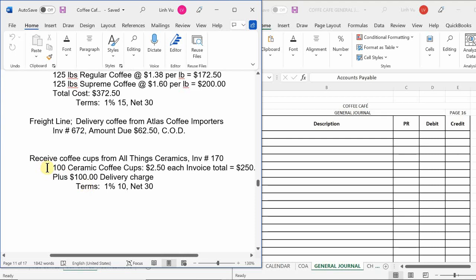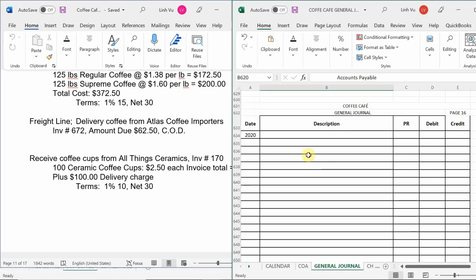We also end up receiving our ceramic coffee mugs. Okay. How do we journalize our coffee mugs?